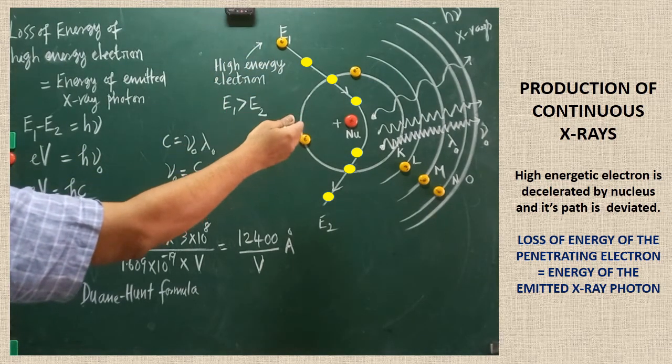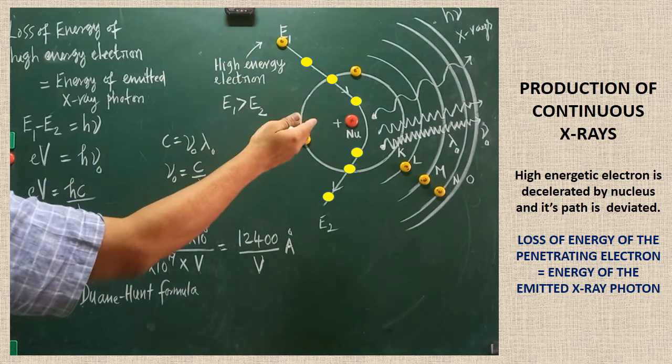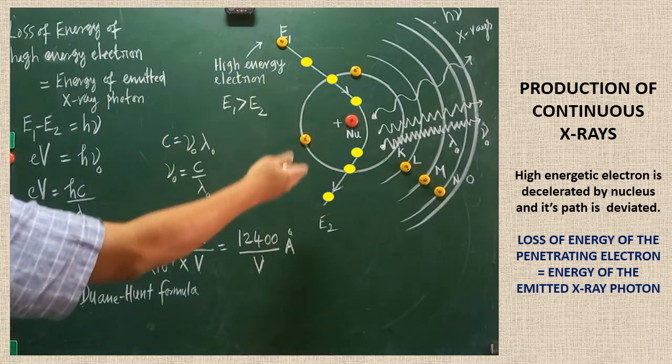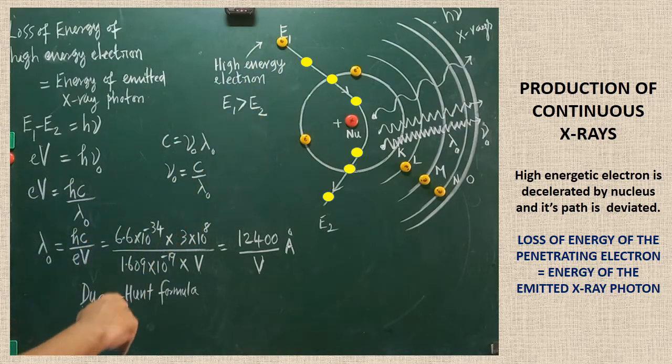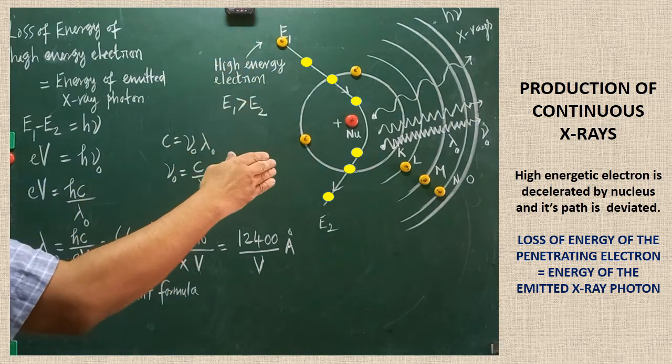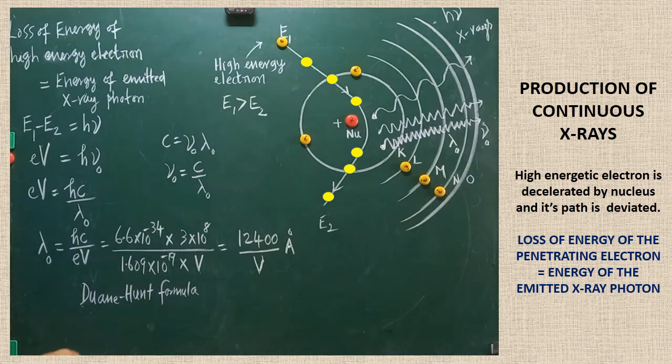After deceleration, the electron loses its energy. That loss of energy of the electron is emitted in the form of X-rays of various wavelengths. Since all sorts of wavelengths are emitted, such X-rays are called continuous X-rays. Very important topic, may be asked in 3 mark or in 5 mark. Okay, thank you.